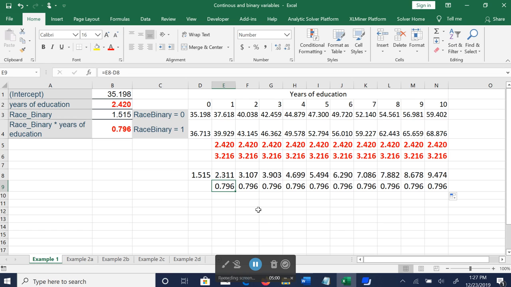So as you can see from this worksheet, the difference in income by the years of education, the difference in income for this racial category when they attain more years of schooling, is going to correspond to this coefficient here. Things look different when we have interaction terms.